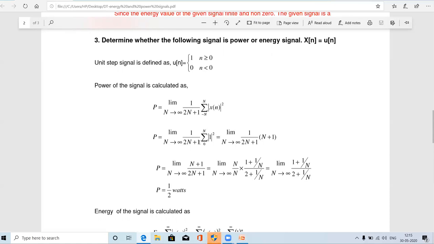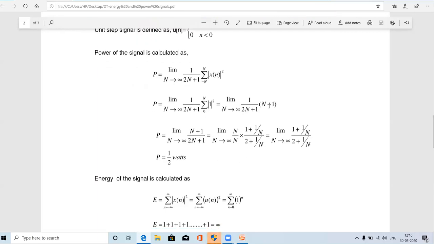But now you see this summation. What is this summation? We have to add 1 from 0 to n, that is n plus 1 times. If you are adding 1 plus 1 plus 1 up to n plus 1 times, what is the answer? n plus 1. So here, 1 divided by 2n plus 1, into n plus 1, with the consideration of n is infinity.